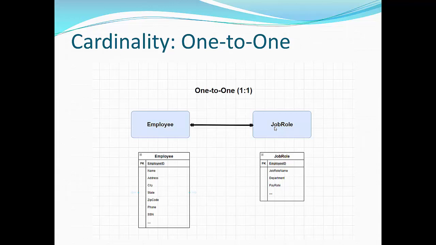We are saying that the business rule, in this particular business that we are trying to model the data, is that every employee can have one job role. That's the business rule. And because every employee can have one job role, and one job role can be associated with just one employee, we said that this is a one-to-one relationship.